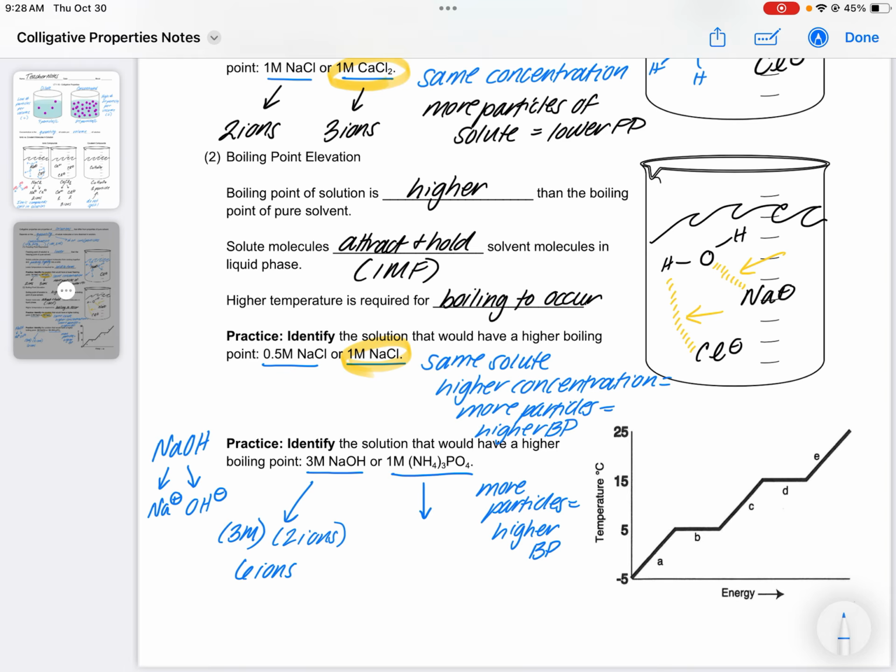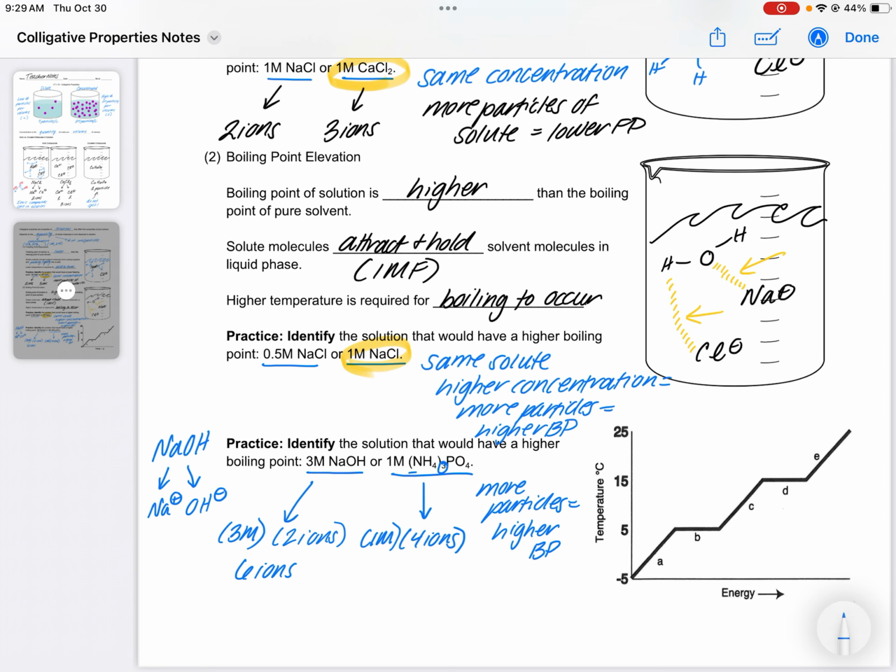For this substance here, we have a 1 molar concentration, but this compound is actually going to split up into 4 ions. You can kind of look at the compound itself to give you a hint.